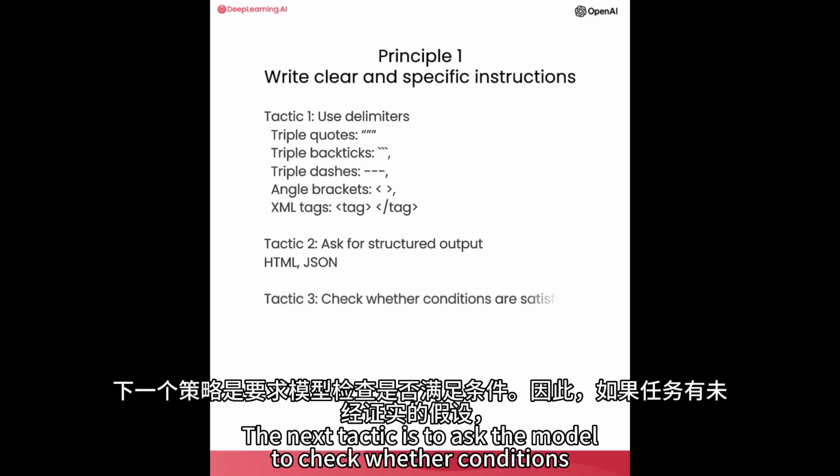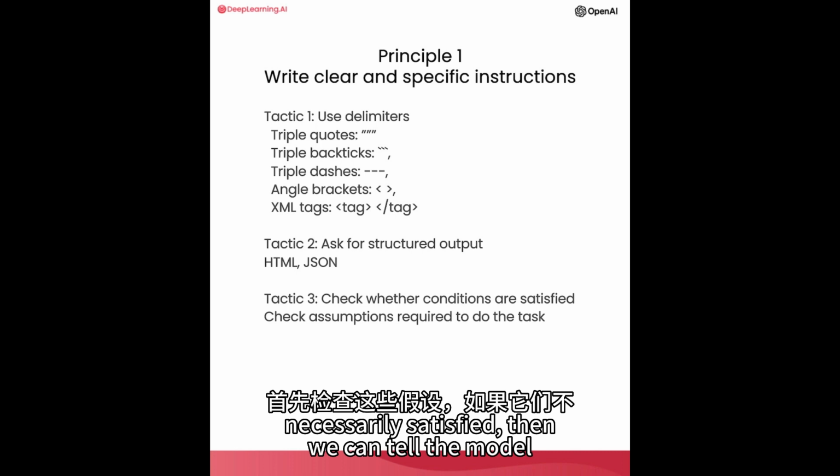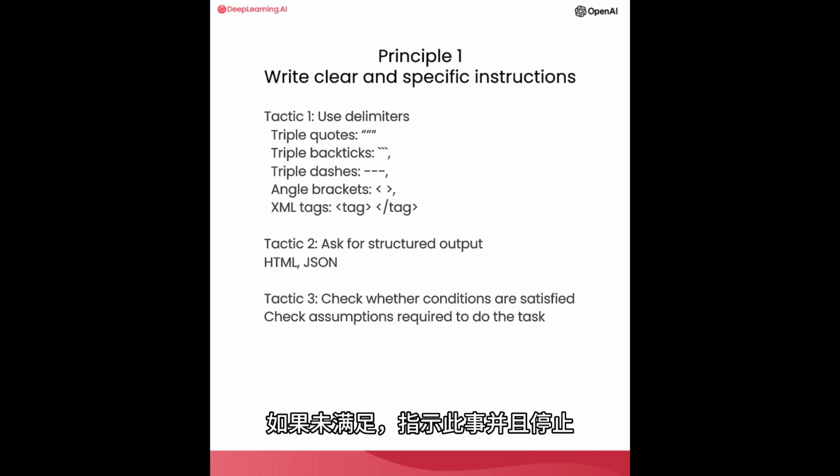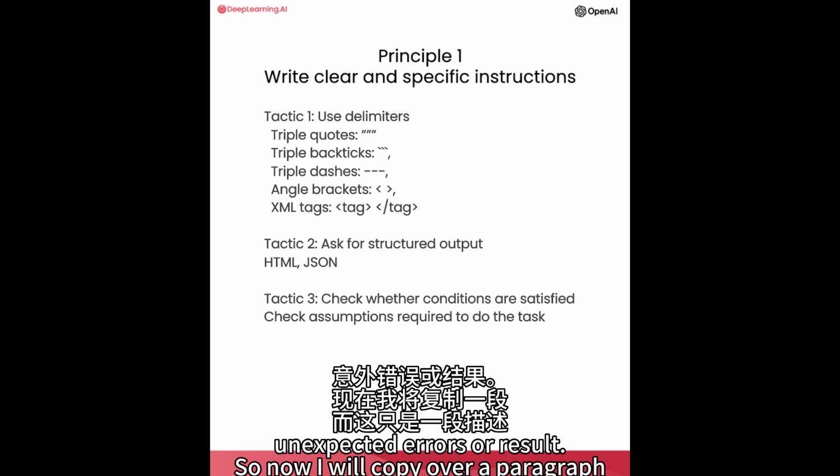The next tactic is to ask the model to check whether conditions are satisfied. If the task makes assumptions that aren't necessarily satisfied, then we can tell the model to check these assumptions first, and if they're not satisfied, indicate this and stop short of a full task completion attempt. You might also consider potential edge cases and how the model should handle them to avoid unexpected errors or results.